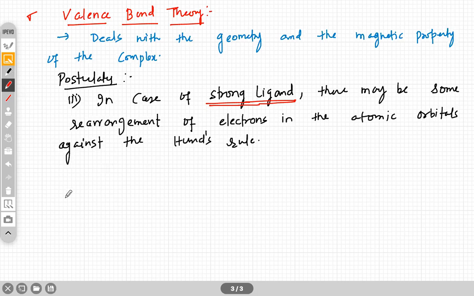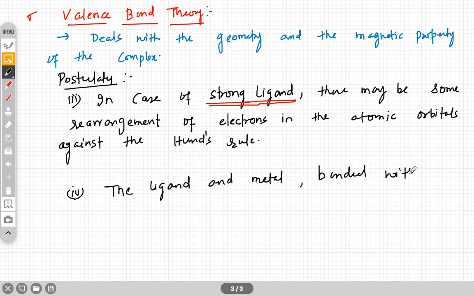Next, fourth one. The ligand and the metal are bonded with a coordinate bond which has a considerable amount of polarity.